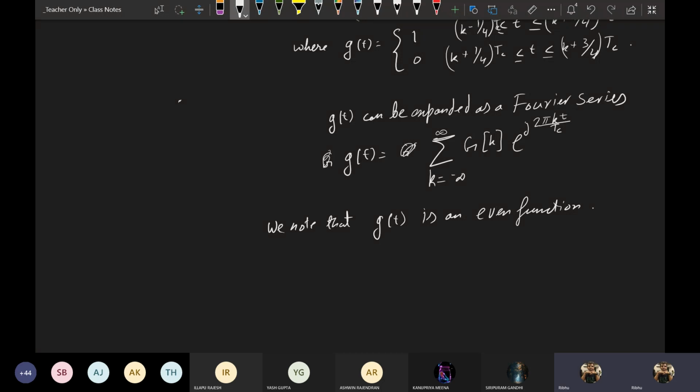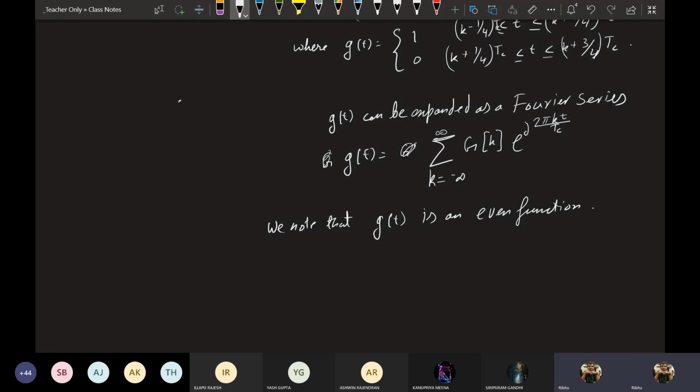First of all, do you agree that g(t) is an even function? Is g(t) even?